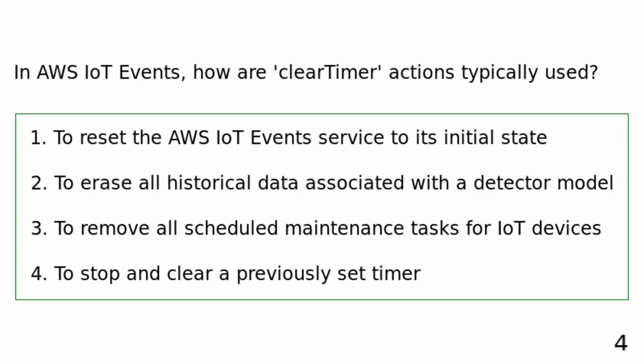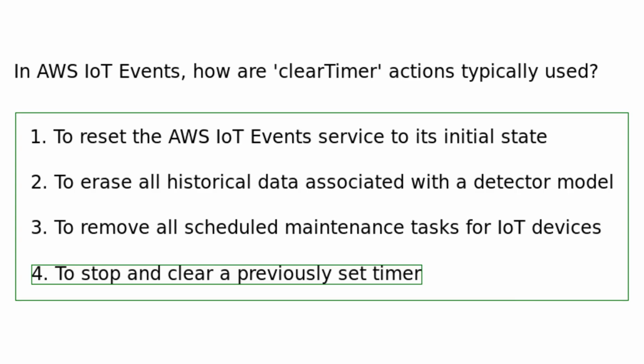To stop and clear a previously set timer. Clear timer actions in AWS IoT Events are typically used to stop and clear a previously set timer. This can be useful when a certain condition is met before the timer expires, or when transitioning to a state where the timer is no longer relevant, preventing unnecessary timer-based actions.